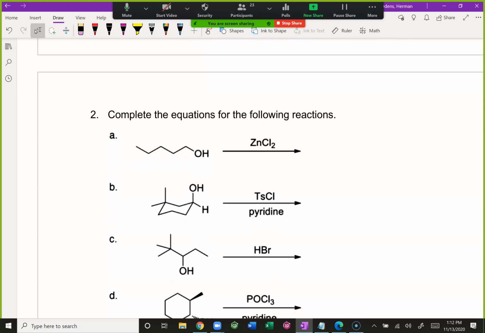Problem number 2, complete the equations for the following reactions. All right, you're going to see that zinc chloride is also a useful reagent to convert primary alcohols into primary alkyl halides.